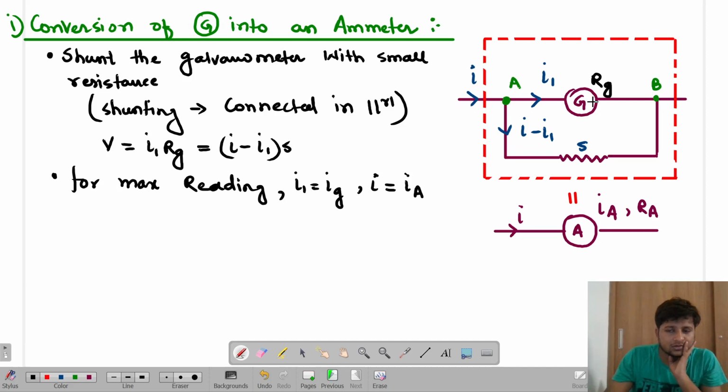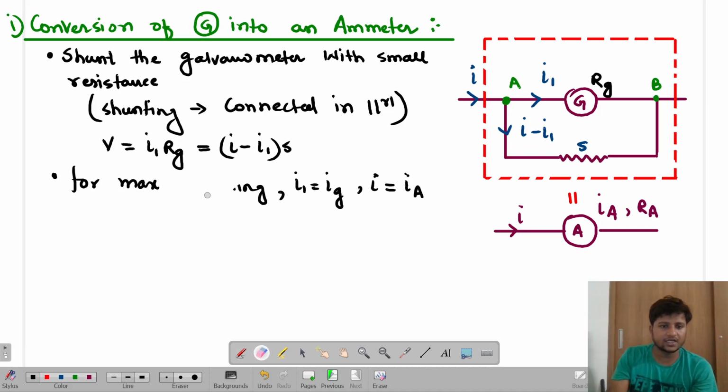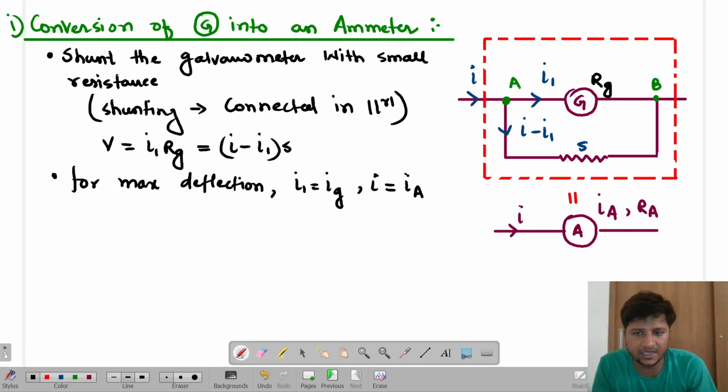Now my whole setup has become an ammeter, so I should represent the ammeter current. So for max deflection, we know that I1 is exactly equal to the galvanometer current Ig, and the net current I is equal to the ammeter current.